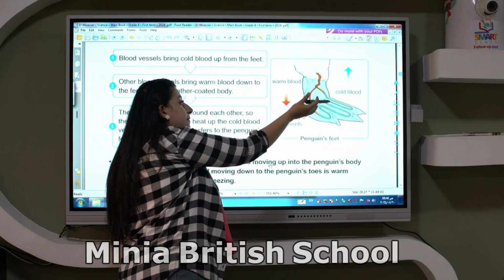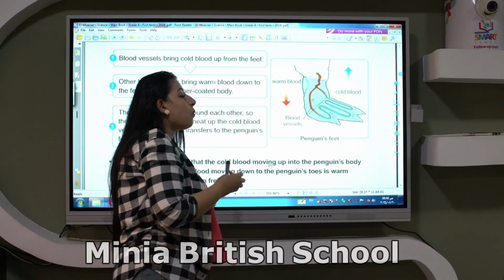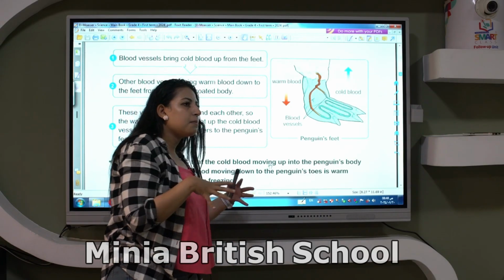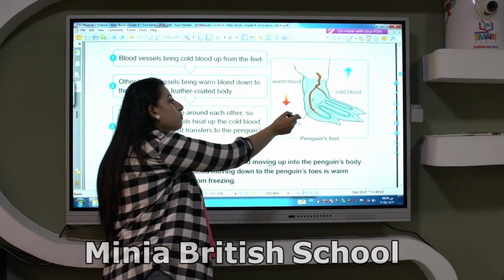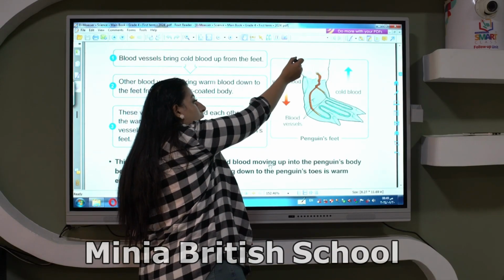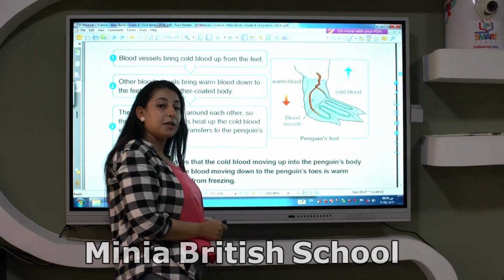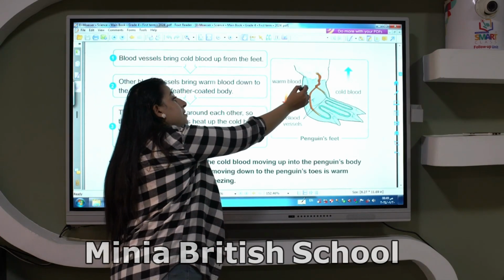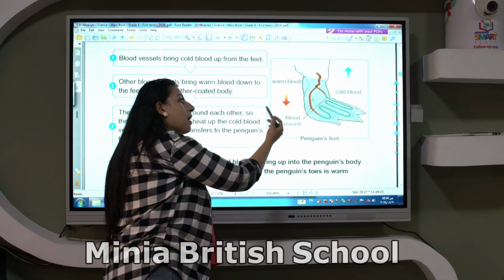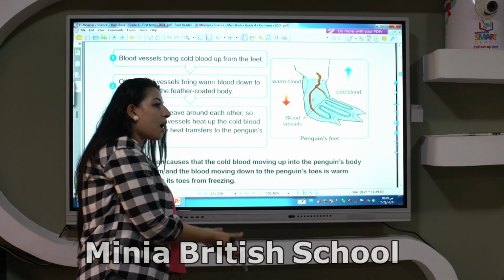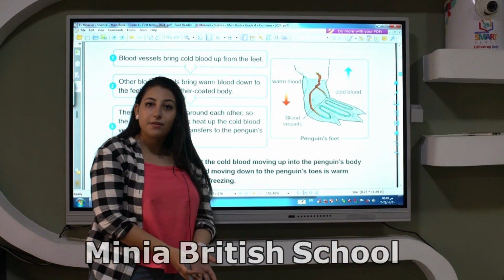Penguins' feet feel cold because they walk on the snow, on the extreme cold weather. So the blood moves from down to up, feels what? Feels cold. So what is happening here? The warm blood vessels wave around the cold blood vessels to heat up the cold blood vessels.